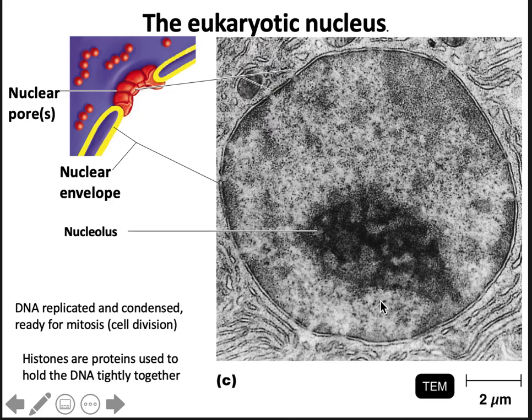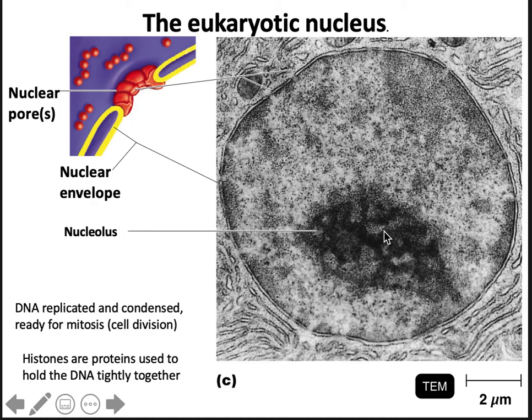So the eukaryotic nucleus, as I told you earlier, is a double membrane. So you see this nuclear envelope, double membrane, and then there are specialized pores throughout so that we can get materials in and out as needed, but we are being very protective. We protect our DNA.